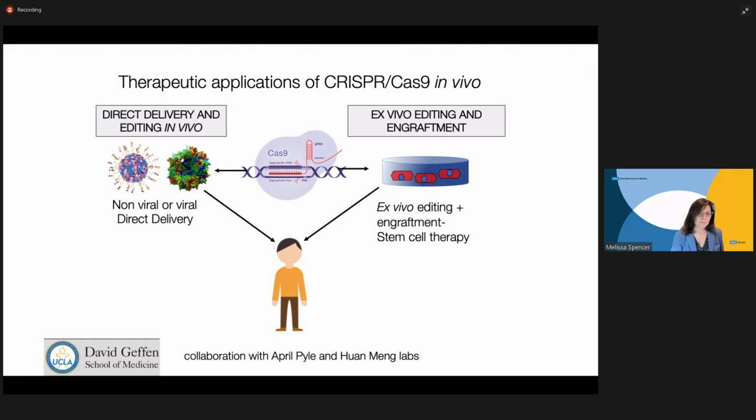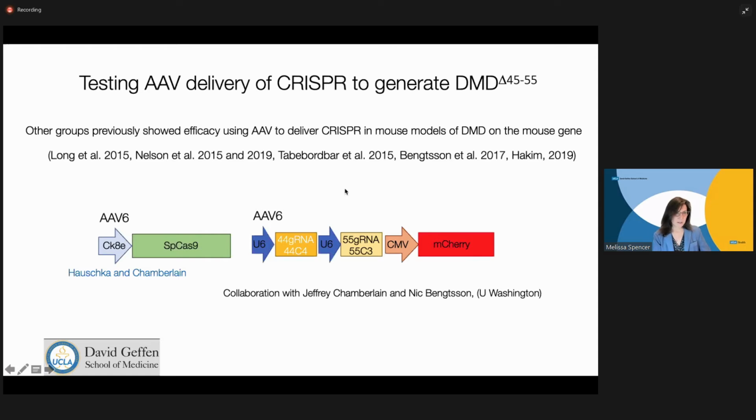But what we've ended up focusing most on right now is using adeno-associated viral vectors. These vectors are now being put into human patients through systemic delivery. I'm not going to say they're extremely safe. They actually have a lot of issues, which we're going to try to address, but they're highly efficient.